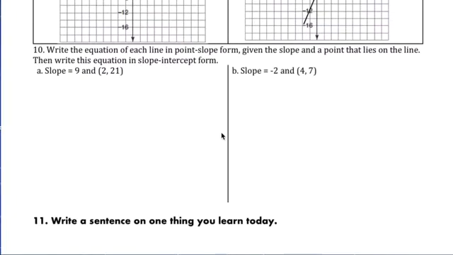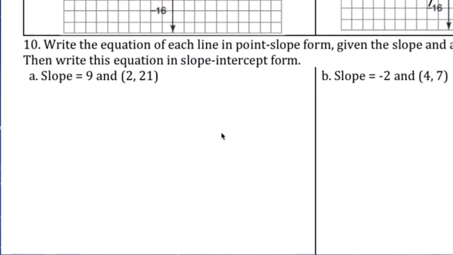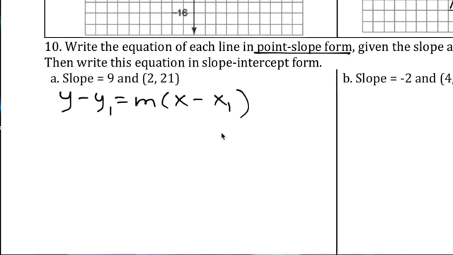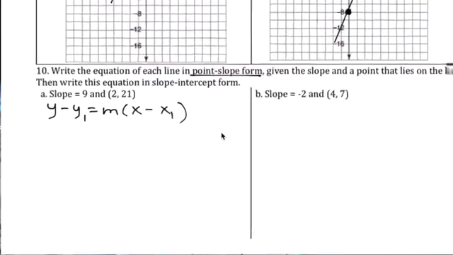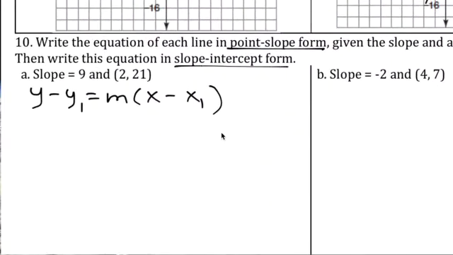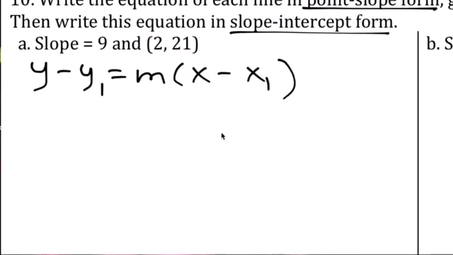Number 9, write an equation of a line in point slope form. Remember, point slope form is y minus y sub 1 equals m parentheses x minus x sub 1. Given the slope and a point of a line, write the equation in slope-intercept form. Okay, so y minus y sub 1, that's x sub 1, y sub 1. 21 equals m.